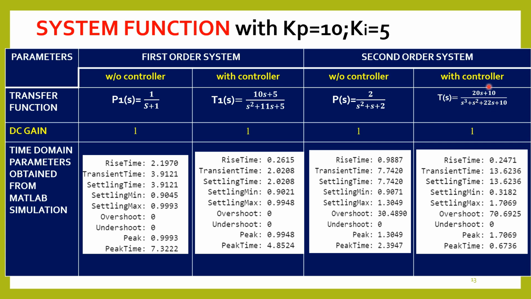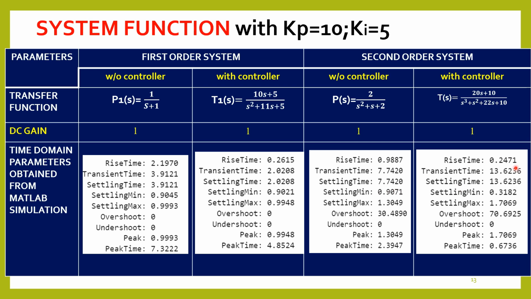So it takes more time to settle the oscillations, and hence my settling time is increased in case of added zeros with the introduction of the PI controller. So my rise time has decreased, so the speed of response is improved. But in the case of the second order system, as it becomes a third order system, more oscillations are prolonged during the transient response, and hence the settling time is increased. What is settling time? The time taken for the system to settle within 2 to 4% error.